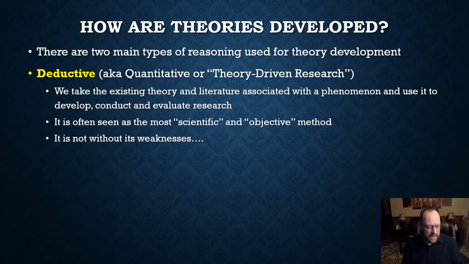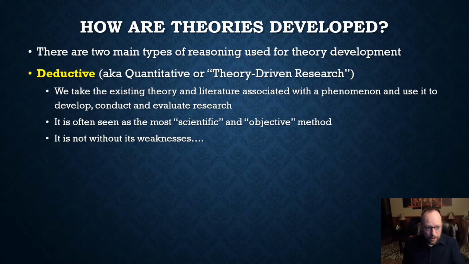What this does is it takes existing literature, existing studies that have been done and published in peer-reviewed journals, things of that nature, and develops a theoretical framework based on all of that existing literature, and then directly applies that theoretical framework to the research that it's doing. So it takes existing theory and uses it to inform its interpretations of communication behavior. This is the most empirical, most scientific and objective way that we can look at communication phenomena.